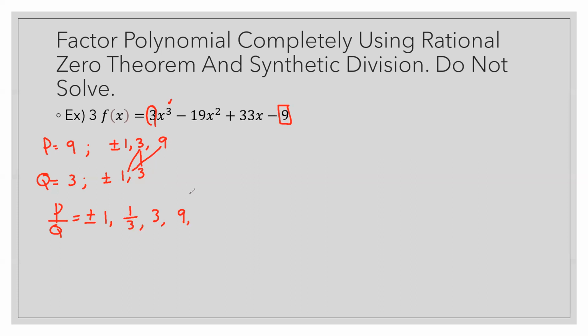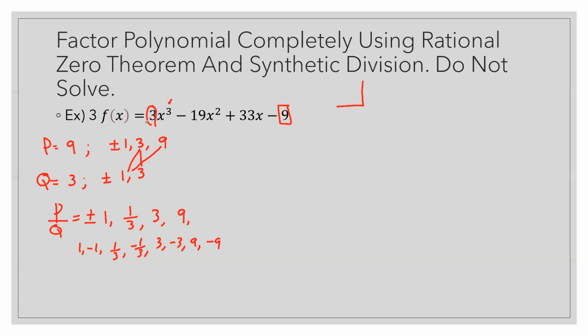And then 9 over 3 is 3, which we already have. Because of the plus or minus, it's really 1, negative 1, 1/3, negative 1/3, 3, negative 3, and then 9, negative 9. Okay, so you have a total of 8 choices, and then we're going to do synthetic.